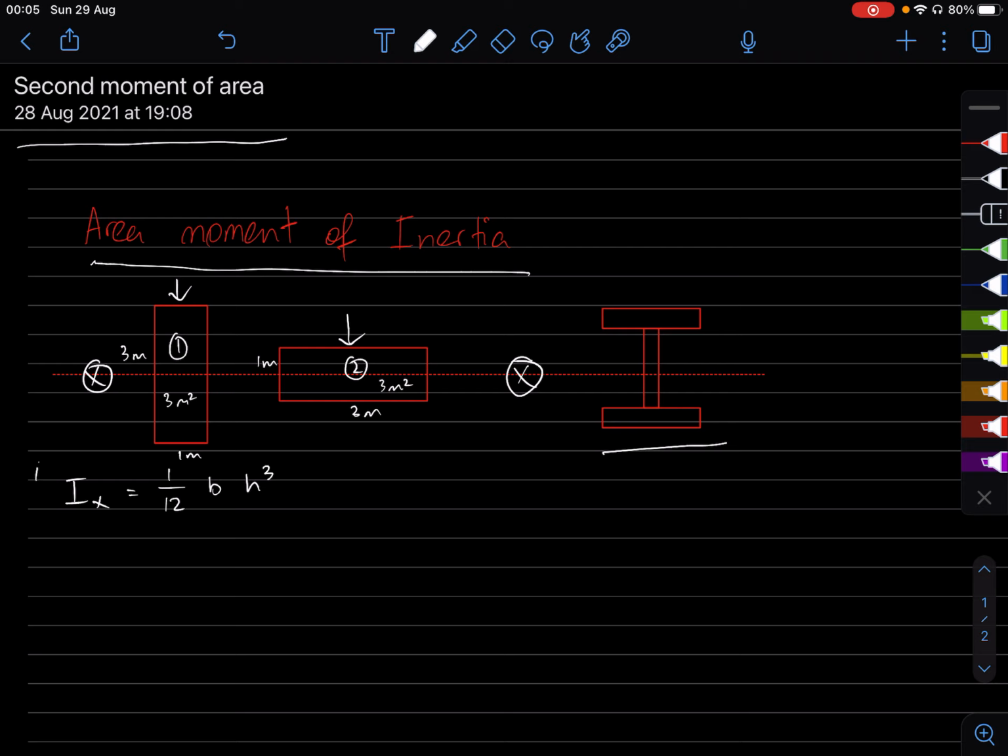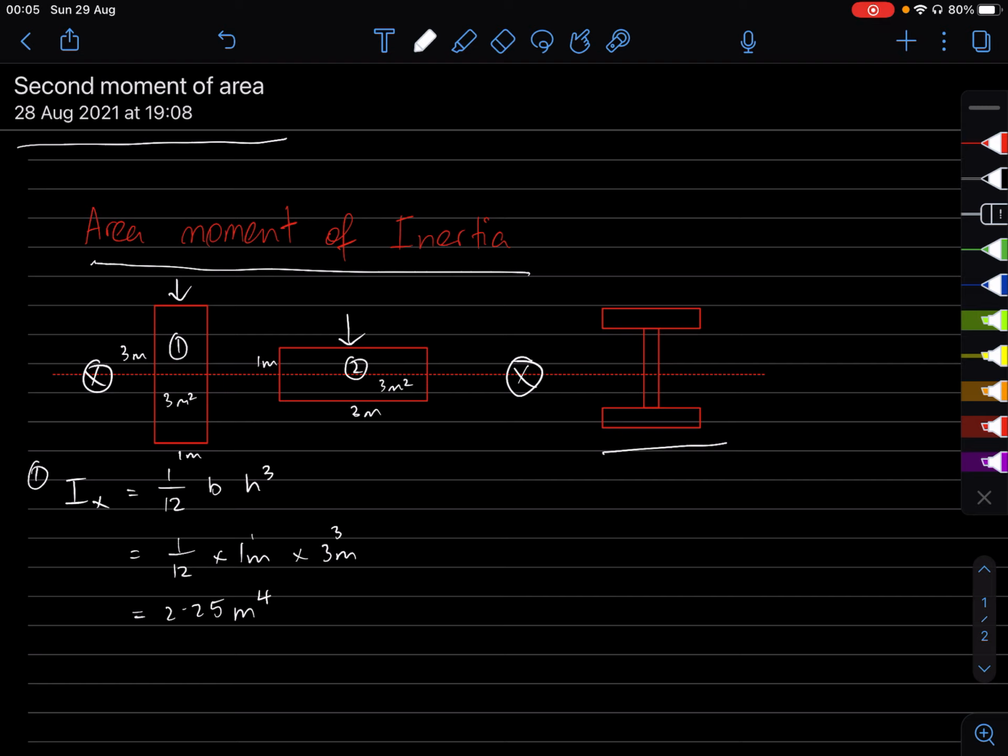So for shape 1, let's calculate this. 1 over 12 times its base, which is 1 meter, times its height cubed, 3 meters cubed. That will give us 2.25 meters to the power of 4, because this is meters to the power of 1, and this is to the power of 3.